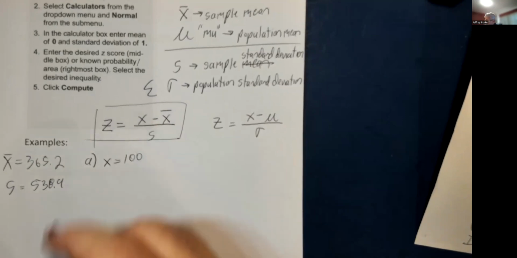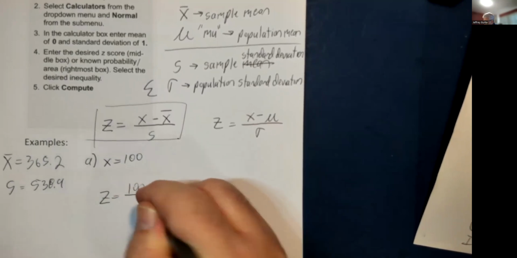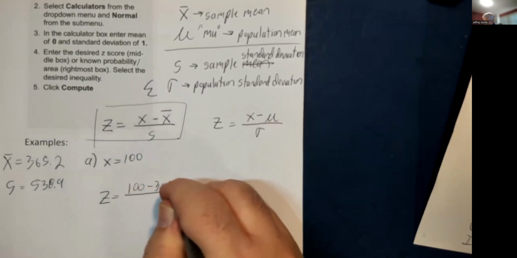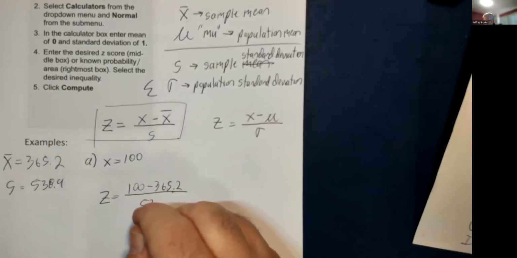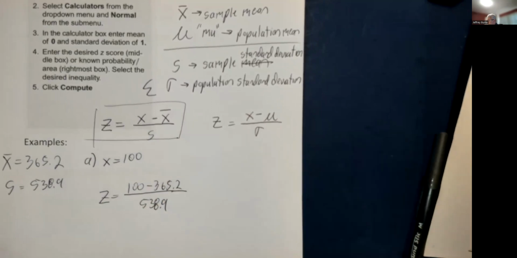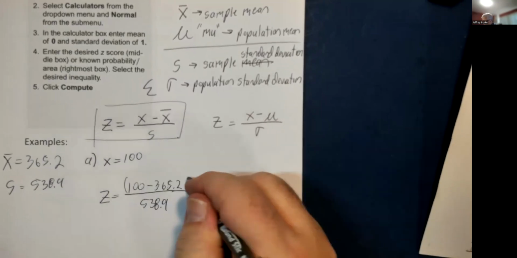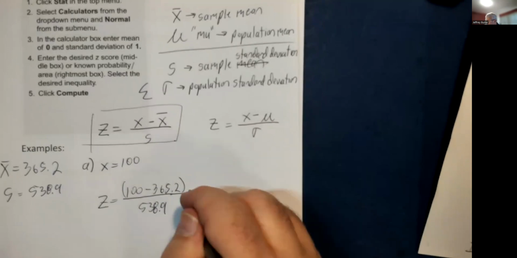So we're going to go ahead and use this formula up here where z is going to equal 100 minus 365.2, and that's going to be divided by 538.9. When I do this, I want to make sure that on top, I get this difference first.